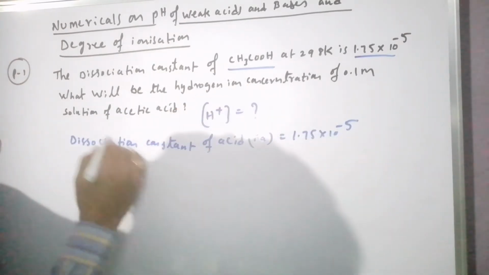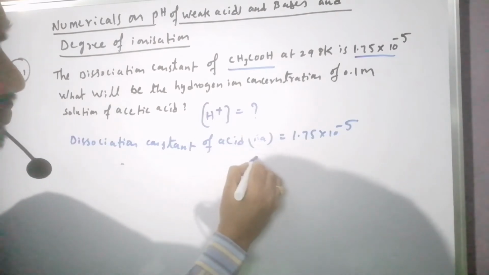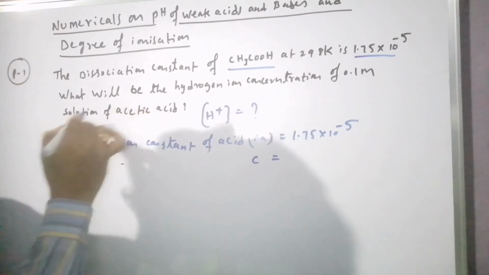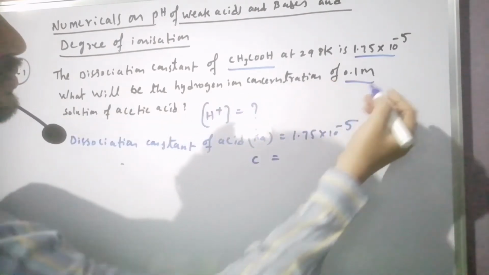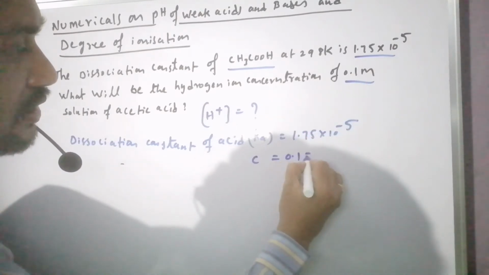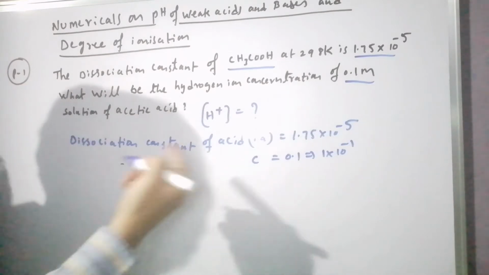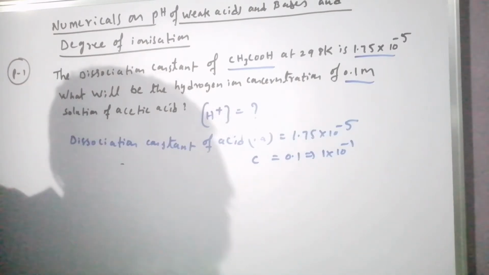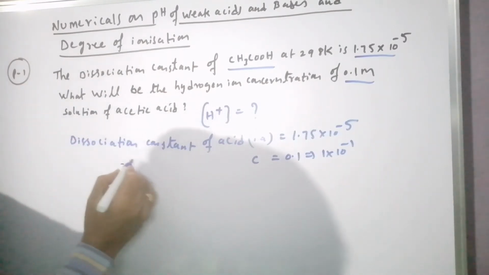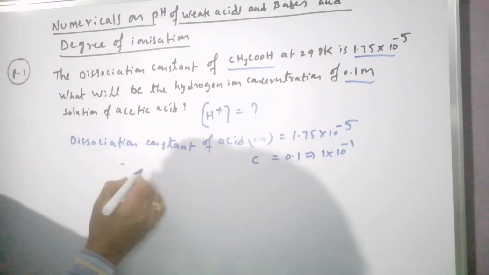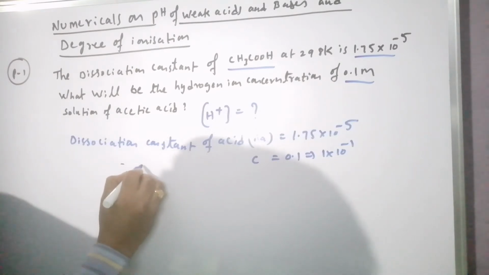In the same way, concentration C is equal to 0.1 molarity, that implies 1 into 10 power minus 1. By using these two, we already know the formula, alpha we should find out.